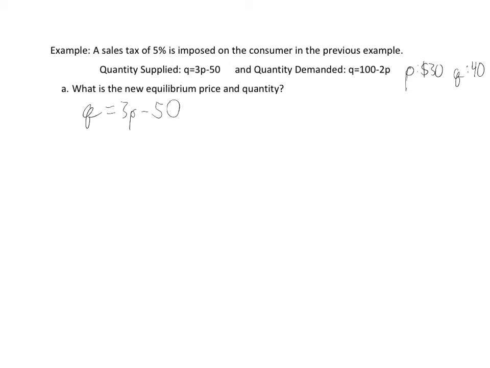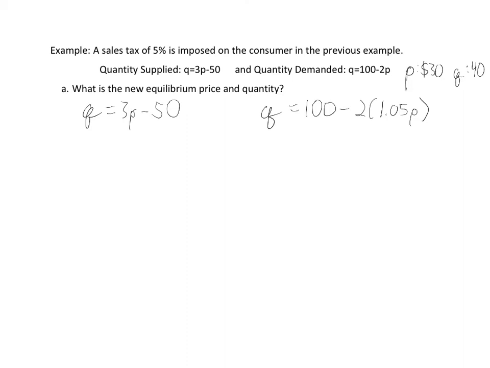So you're paying a greater price. Q equals 100 minus 2 times 1.05P, since you're paying an additional 5%. If you paid a 5% tax on, say, a $30 item, how would you figure out the total you would pay? You would pay 1.05 times the $30. So that's where that number comes from.